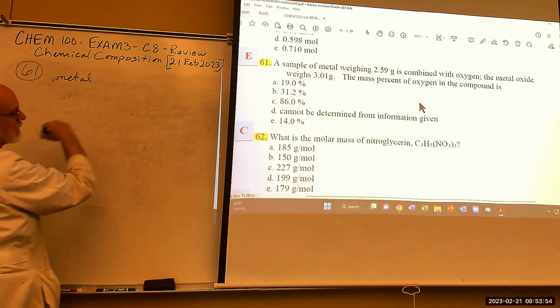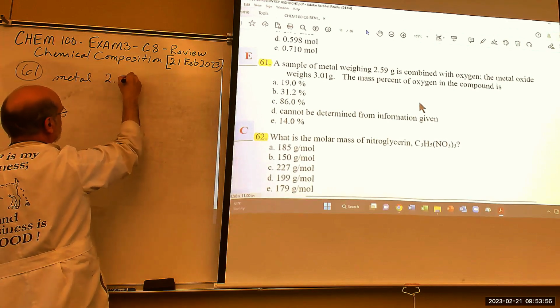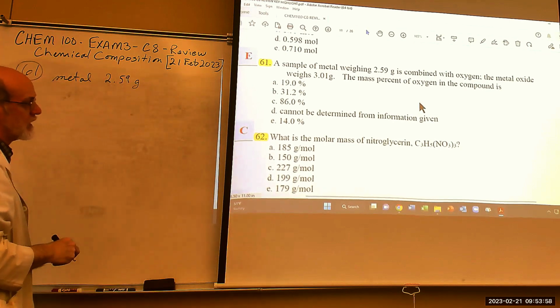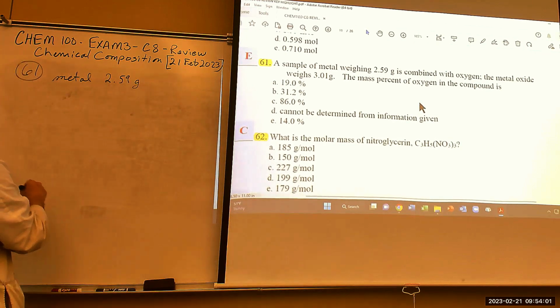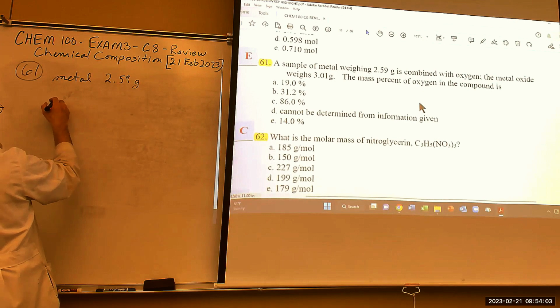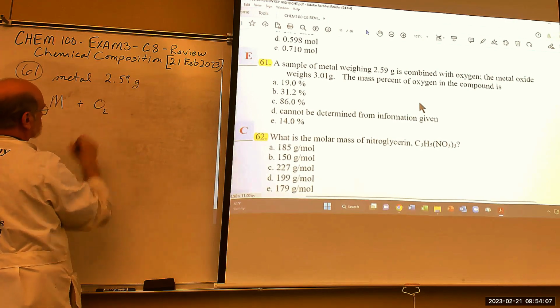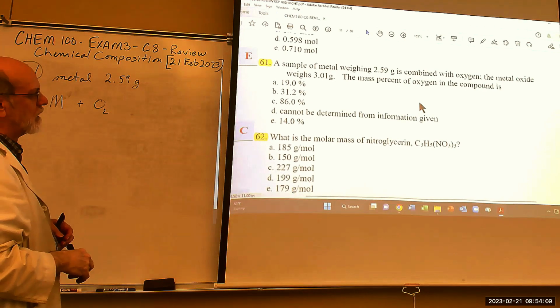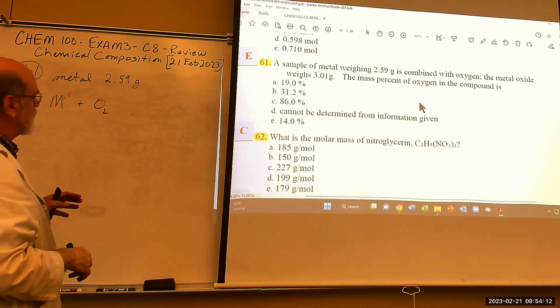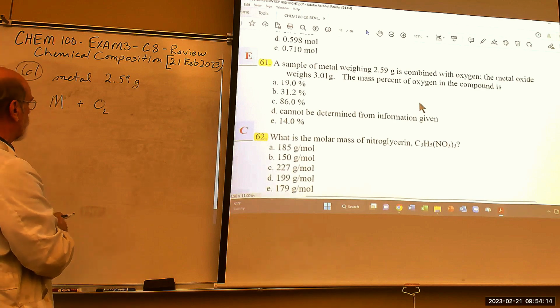A pure metal weighing 2.59 grams is combined with oxygen. Let's give it a symbol, call it M. The metal oxide weighs 3.01 grams.